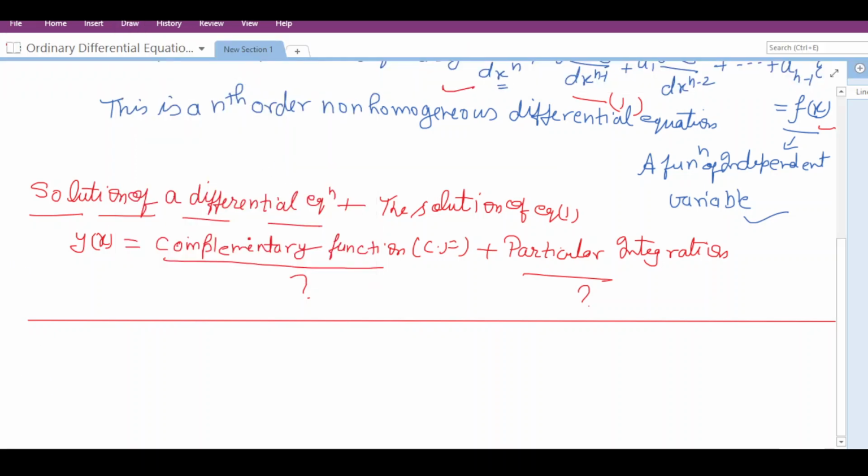Okay, so now we will go to the complementary function. So what is a complementary function?